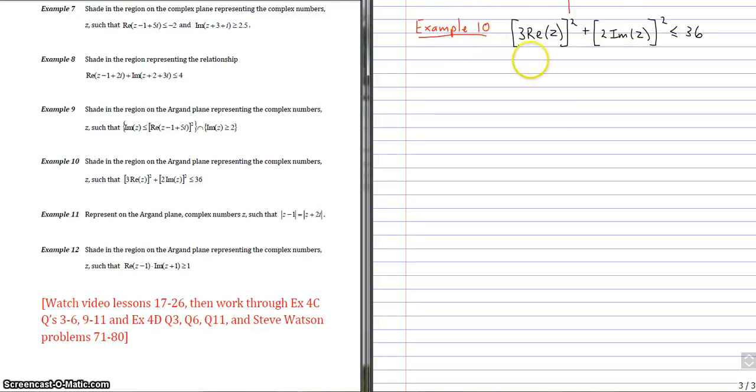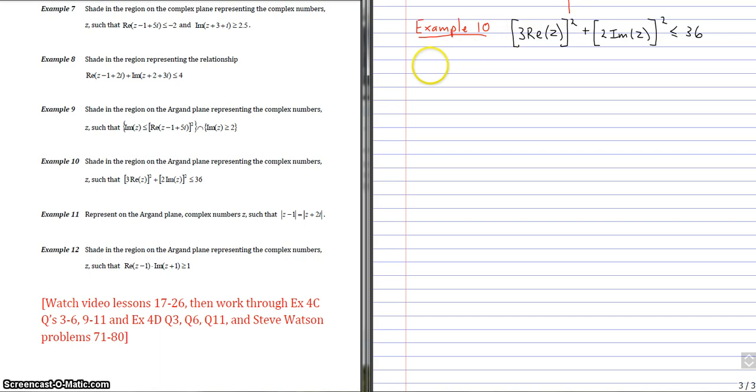Our 10th example, we need to shade the region according to this rule, where we've got (3 times the real part of z) squared plus (2 times the imaginary part of z) squared is less than or equal to 36.